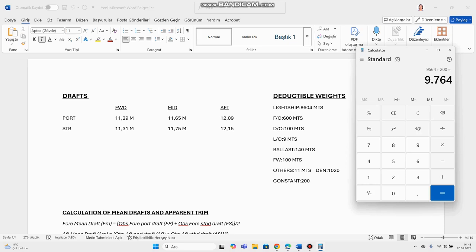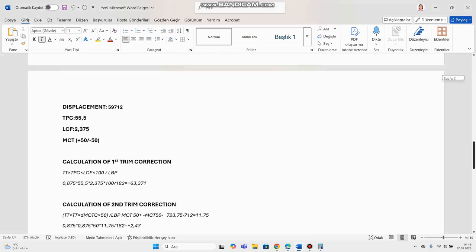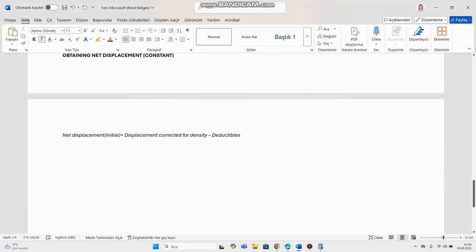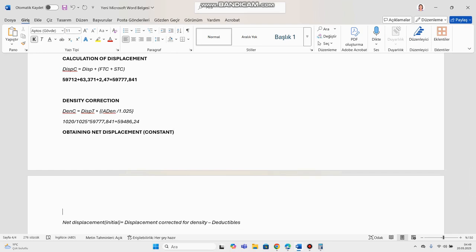At the initial draft survey, we found our constant. That's why we can use it now. Now it's deductible weight. And let's calculate our cargo quantity, cargo weight.